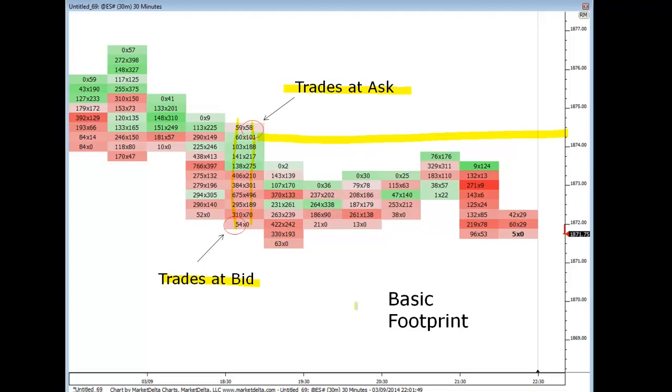So for now let's consider trades at the ask as just the numbers on the right-hand side, and trades at the bid as the left-hand side. We will talk about how we can determine whether these numbers represent sellers or buyers in great detail when we begin to look at the actual outcomes and the impact of the transactions on the market. That is the best gauge.